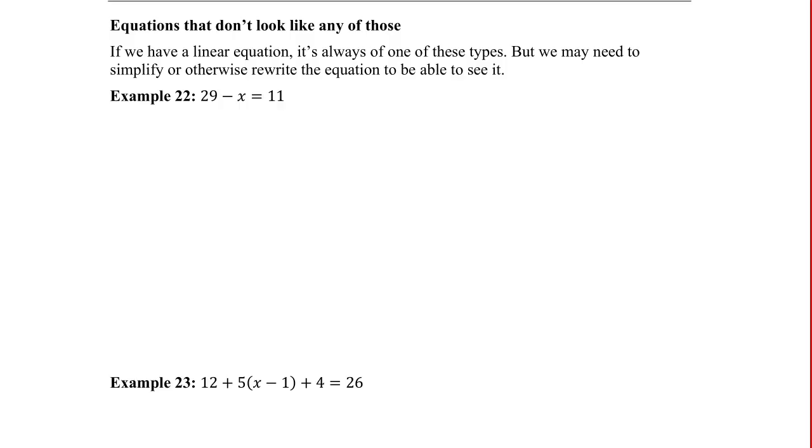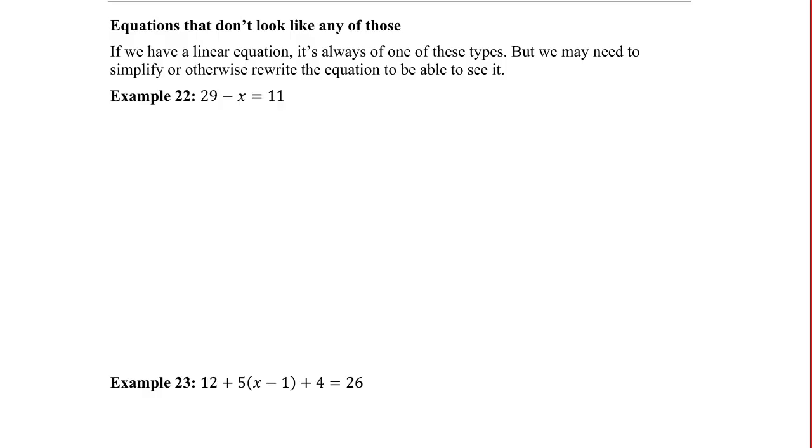X is being subtracted from 29. So we can't just undo something that's happening to x, because nothing's happening to x in this equation. Something is happening to 29. And our goal isn't to solve for 29. We know the value of 29. It's 29. So what can we do?